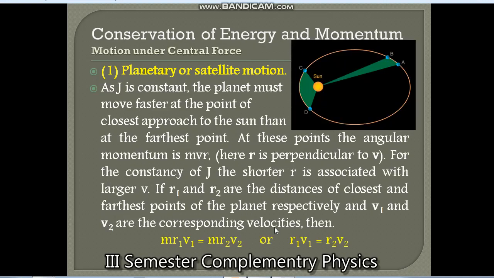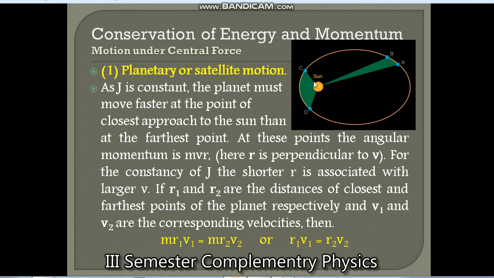So the constancy of angular momentum gives the fact that planets must move faster at the point of closest approach. Here, when the planet is moving from this point to the second point in a time t seconds, suppose the same planet is moving from this point to this point in the same time t seconds, then Kepler's law, or the constancy of angular momentum, says that the area swept out by the radius vector should be the same.